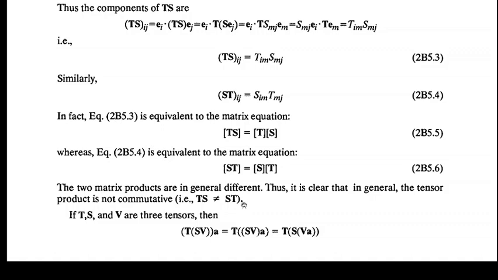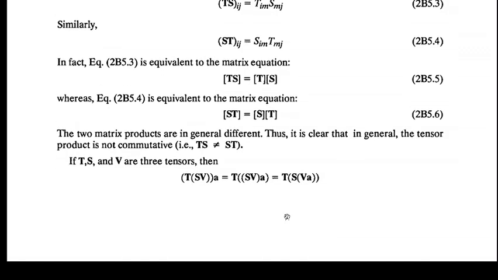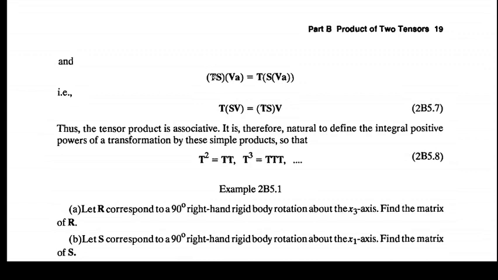Let's see the associativity of three tensors. Suppose we have T, S and V, three tensors. T of SV acts on A will give you, by the definition of product, T outside and SV acts on A. Again you are using the product here, S of V of A. Now if TS and VA, then it will give you T of SVA.